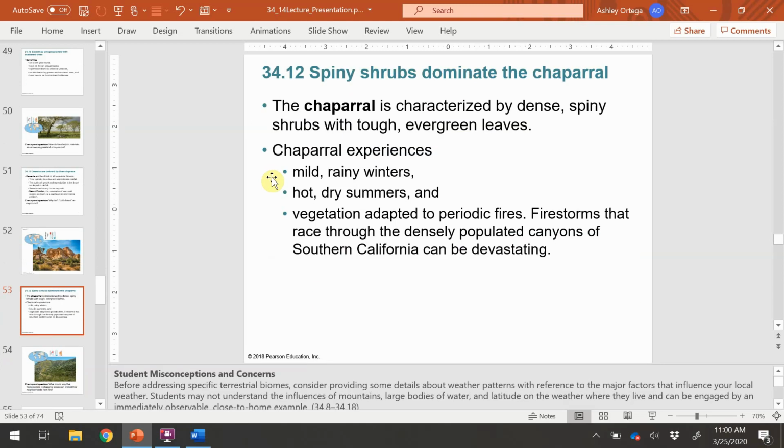Moving on, the chaparral is a unique one here in that it is characterized by these dense spiny shrubs or small bushes with tough green leaves. They are going to have mild rainy winters, hot dry summers, but they are adapted to periodic fires, which is this unique characteristic.